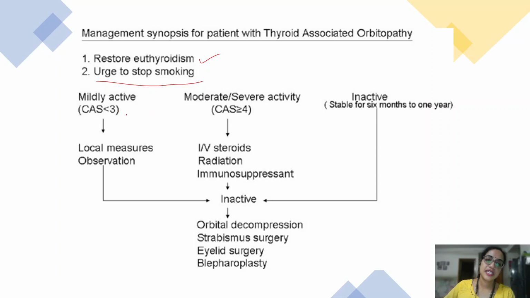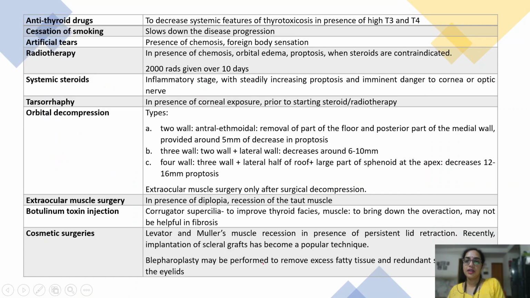If this disease is mildly active, you can just give local measures, conservative options. If it is a severe or moderate activity, you need IV steroids, radiations, and immunosuppressants until the disease becomes inactive. And after that, you can plan a decompression surgery, strabismus surgery, eyelid surgery, and blepharoplasty, depending on the sequelae.